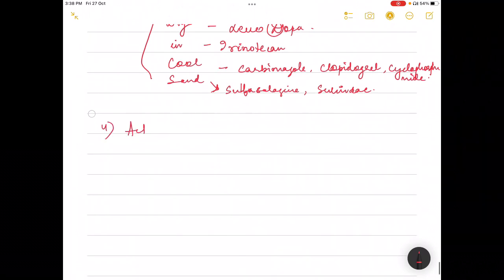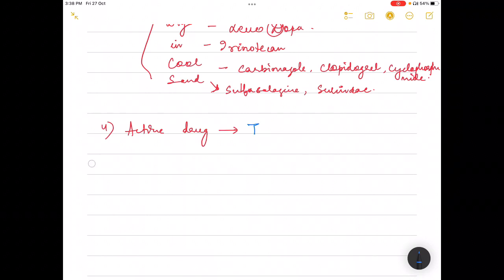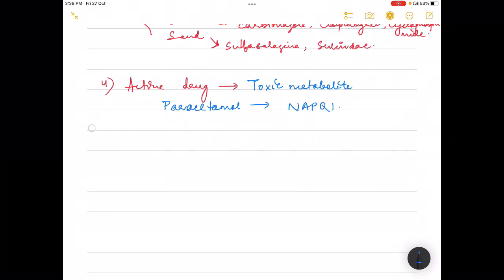Next, the active drug may be converted into a toxic metabolite by metabolism. So the examples of these are paracetamol is converted into NAPQI.